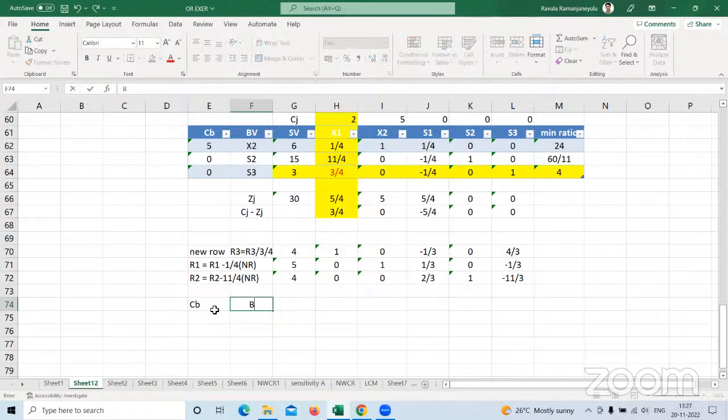Once you check, is there any mistake happened, then we go further.